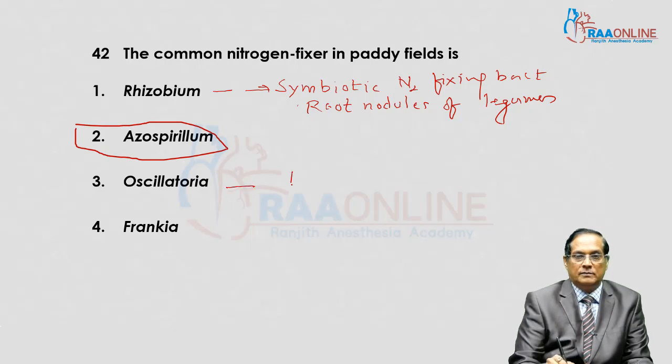Whereas Oscillatoria, a blue-green alga, is free living.